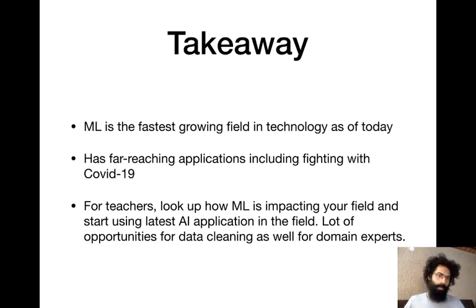Takeaway is machine learning is the fastest growing field right now in technology, and it has a lot of far-reaching applications that are touching our day-to-day lives, and it is also helping us fight COVID as well. So the scientists are working on protein structures or antibody structures that can fight COVID basically. Let's say you shortlisted, as a scientist, 100 different molecule structures which can fight COVID.